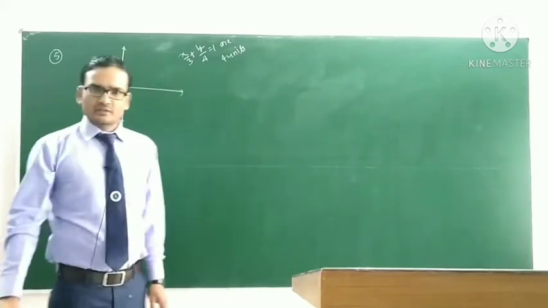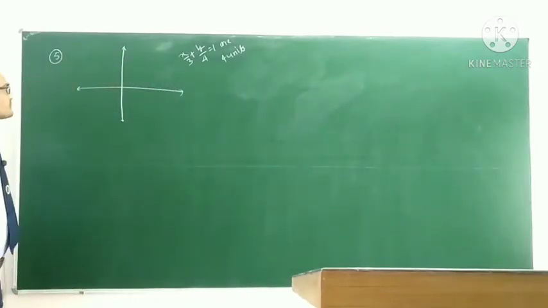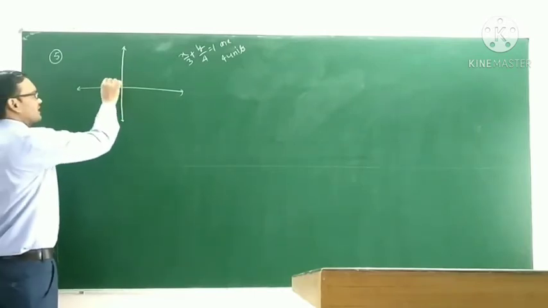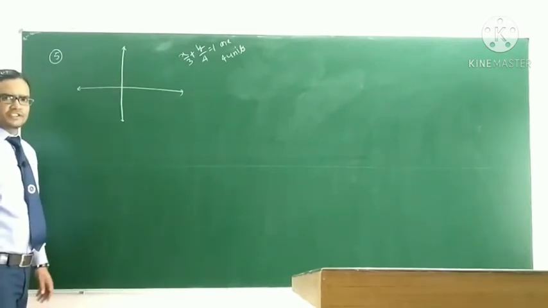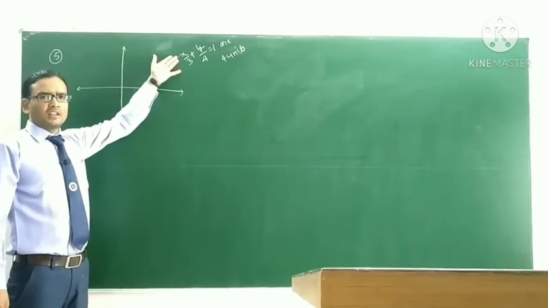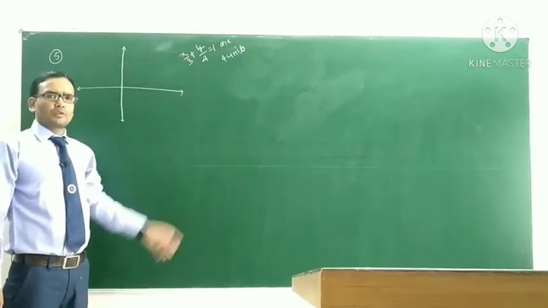Okay, students, do you understand the question? Find the point on the x-axis whose distance from the line x by 3 plus y by 4 equal to 1 is 4 units.